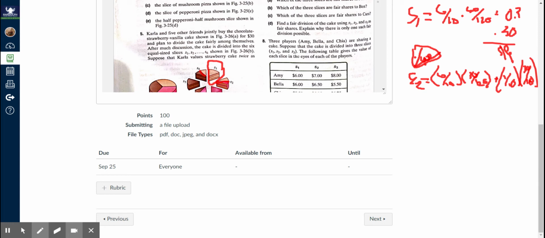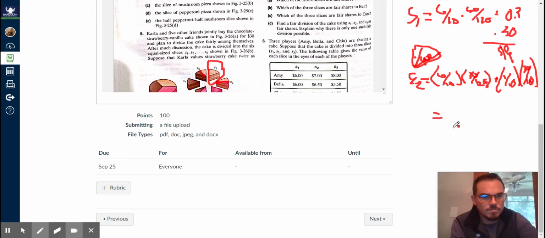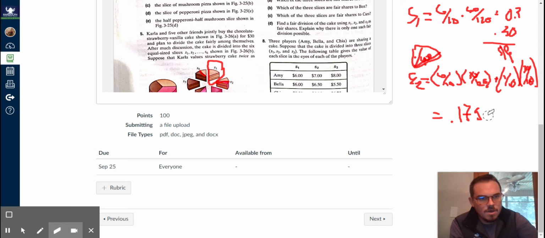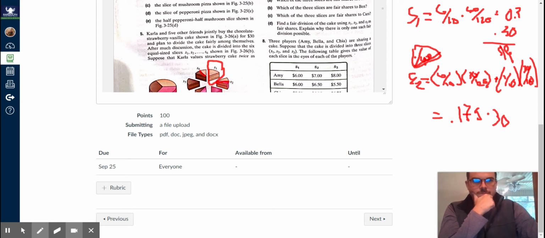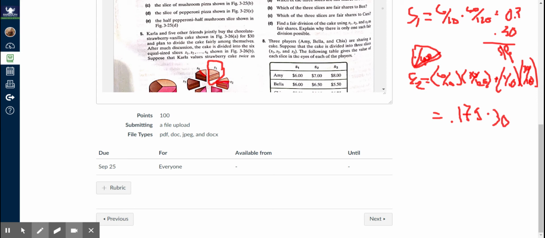Let's see, 6/10 times 30 out of 120, and then add that to 1/10 times 30 out of 120. Hopefully you can see where I got that 30 out of 120. And that's going to be 0.175. And then multiply that by the 30 we spent, to give 5.25.